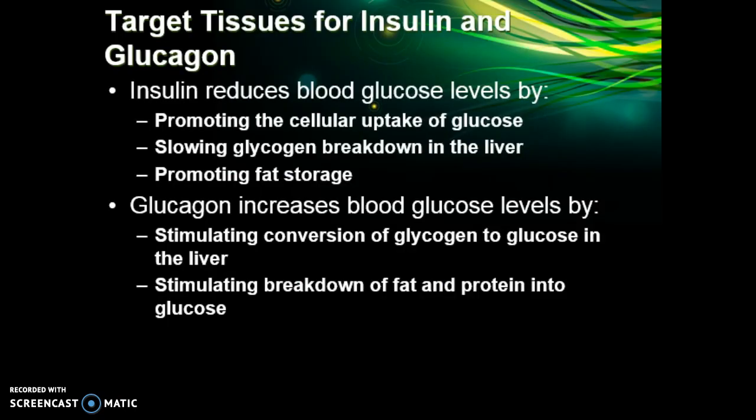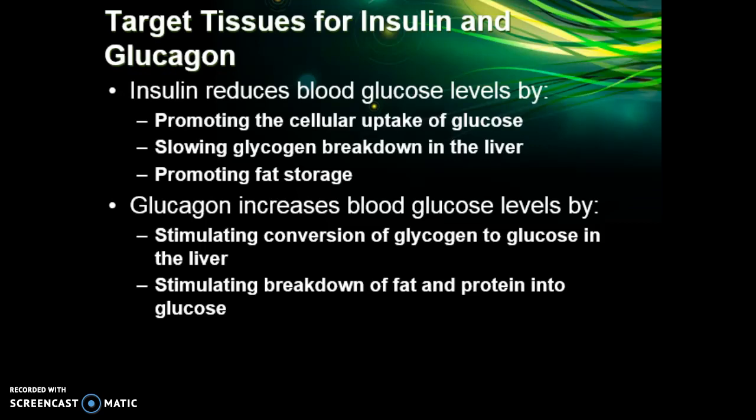So the target tissues for insulin and glucagon, well, how does this work? Insulin reduces blood glucose levels by, we're going to send signals to take up glucose. We're going to stop breaking down glycogen into glucose, and we're going to promote fat storage. We often store energy, we store glucose, we store sugar long term in fat molecules.